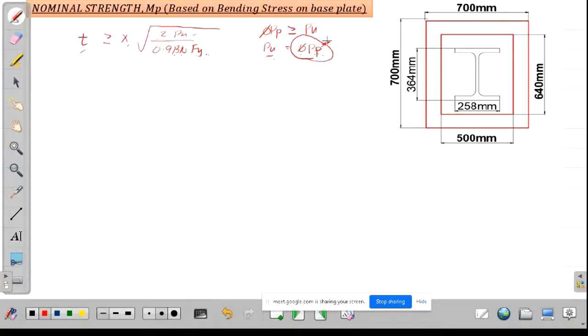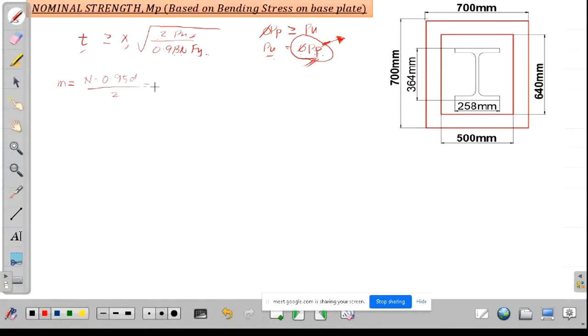So let's denote that the same way. Okay? So substituting the values, we get these values. That is equal to our PU. So let's solve first the value of X. So M is N minus 0.95 D over 2.